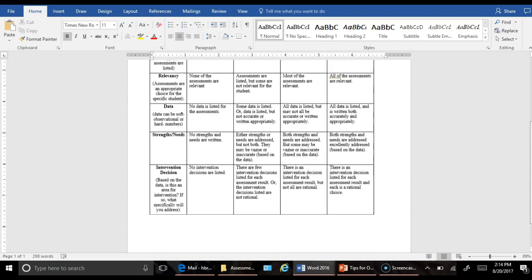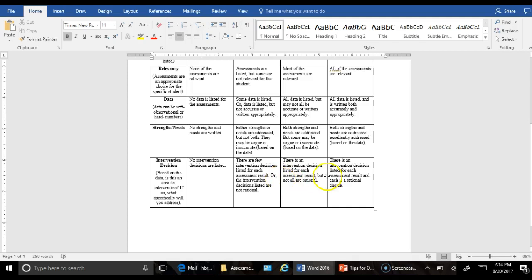Data-based decision making. And then lastly, your intervention decision. So do you have an intervention decision listed for each assessment result? And is it a rational assessment choice?